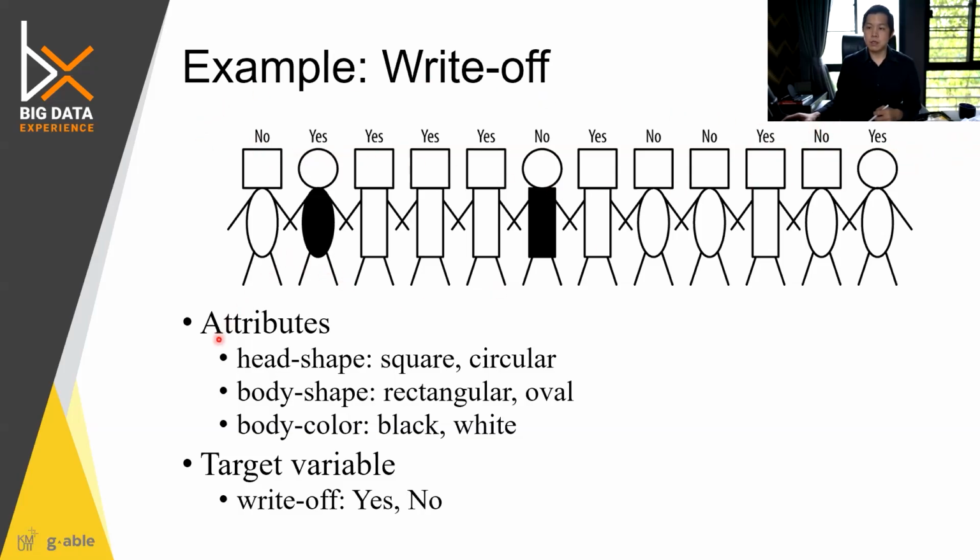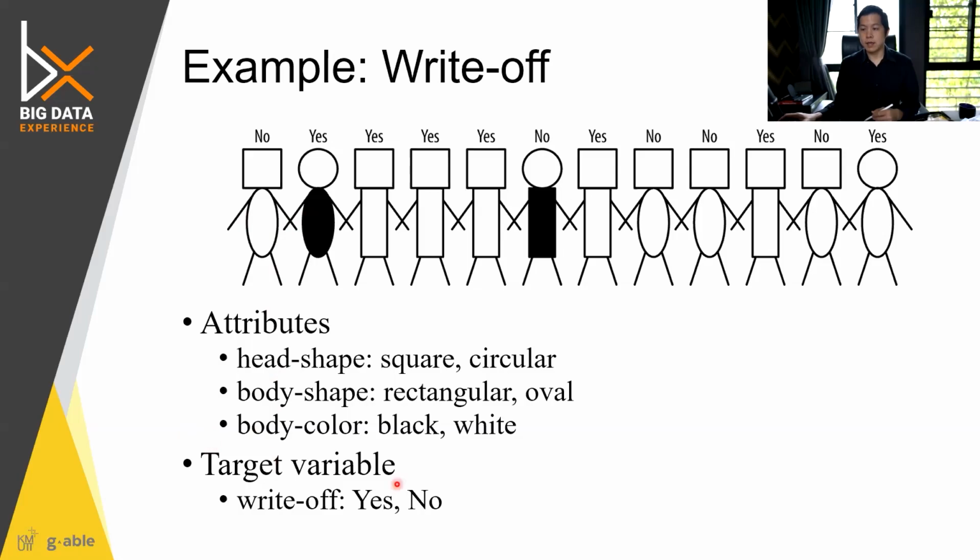The attributes contain three: head shape, body shape, and body color. Head shape can be two types: square or circular, right? Body shape can be rectangular or oval. Body colors can be black and white.